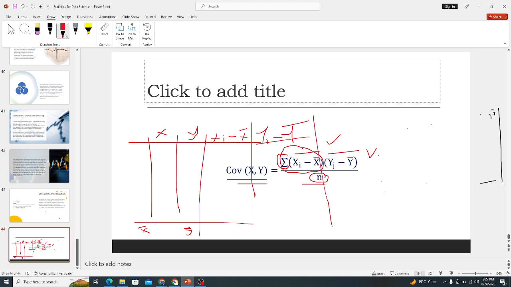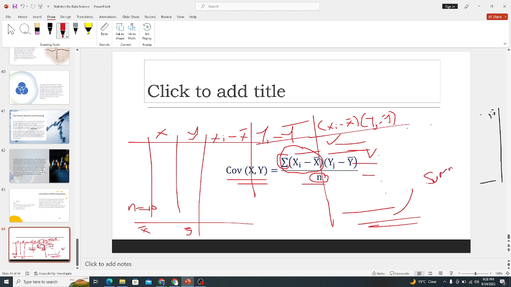Then we will do the multiplication, multiplying xi minus x bar by yj minus y bar. Then the values which we get here, we will sum them to get the summation. Then we will divide by the count. So if n is 10, we are having 10 entries each, then we'll take this summation and divide by n, and we'll get the covariance.